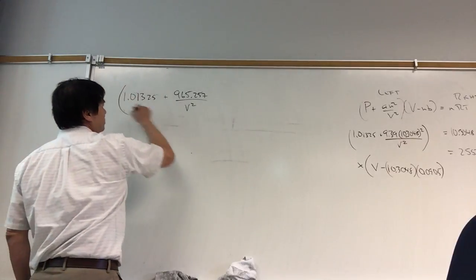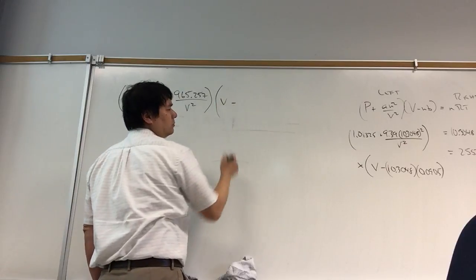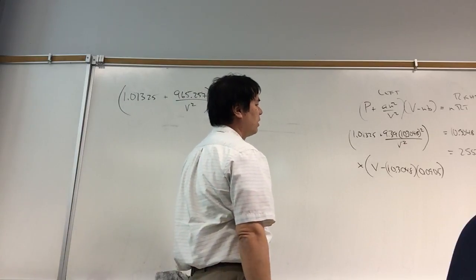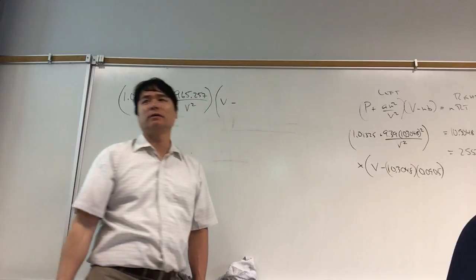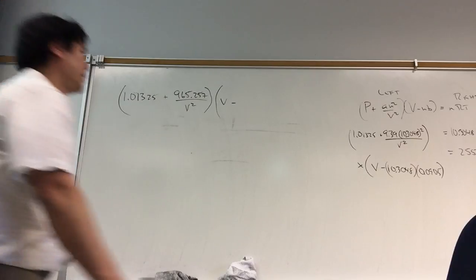Otherwise, calculations can take a long time. B minus, okay, what's 10.3048 times 0.905? We have 9.168.